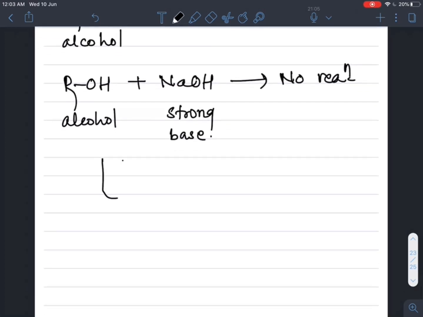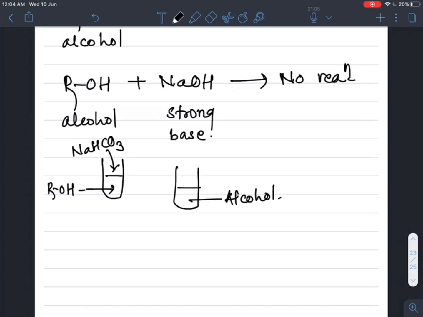If in the laboratory we take the alcohol, ROH, and add NaHCO3, no reaction takes place, it remains as it is. If in another test tube we take the alcohol, ROH, and add NaOH, then also it remains as it is, meaning there is no change, no precipitation is formed, and we can identify the presence of ROH, the alcohol.